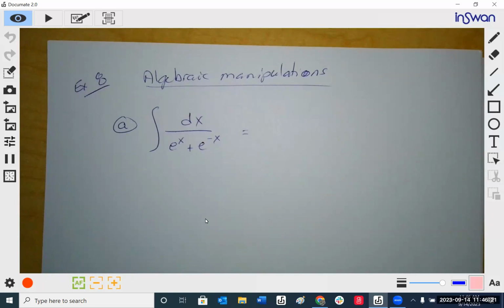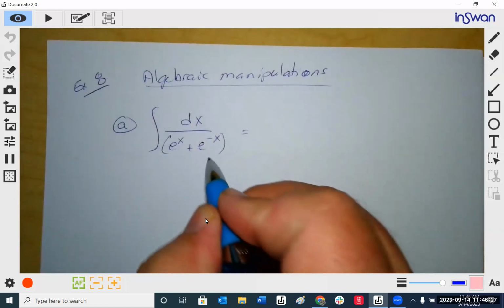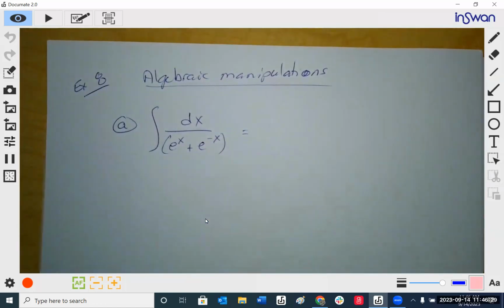We can't split them up. You can't split them up because the denominator is a sum of two exponential terms, so they have to stay together. So what do you think we can do?